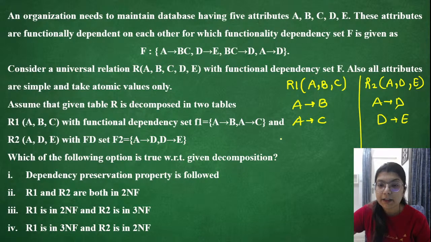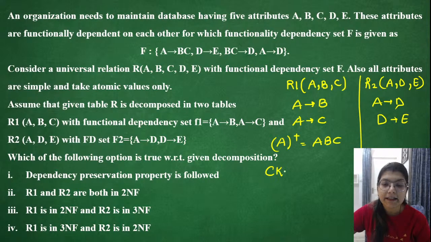If we find the closure of A, we will get A, B and C. So what is the candidate key of R1? A. Correct. Then we'll find the candidate key of R2. What is the candidate key of R2? Again, A.